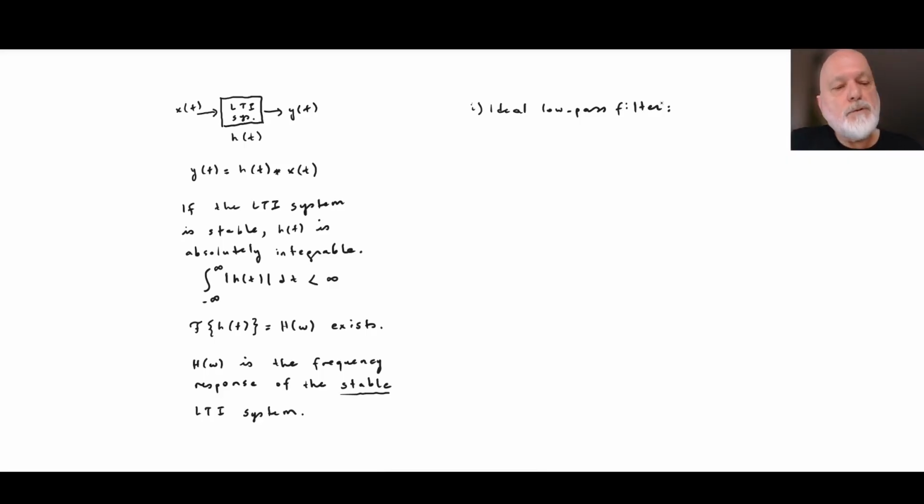Now we are going to specify the frequency response as follows. H of omega, the frequency response of the ideal low-pass filter will be equal to 1 for magnitude omega less than omega c and 0 otherwise.